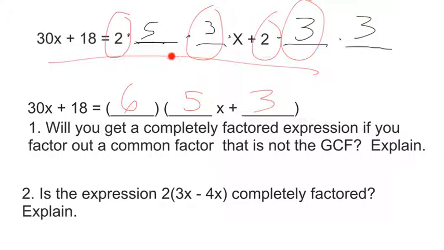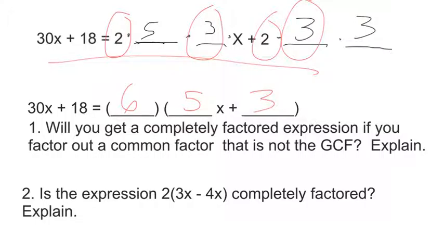I found that this first term has a factor of 6, right? And the second term has a factor of 6. So I pulled the 6 out of these 2 numbers, and then what was left was just the 5x for this term and the 3 for this term.